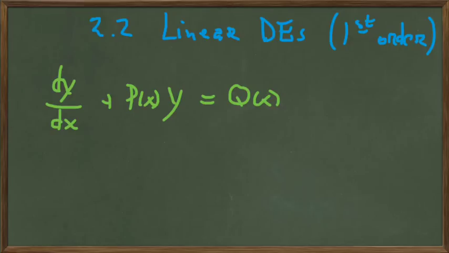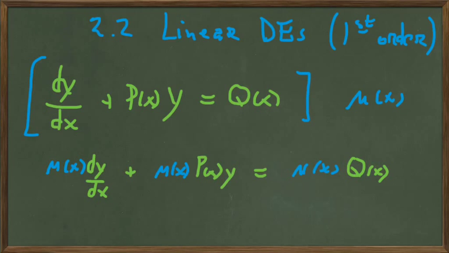Let's multiply first the entire differential equation through by mu of x. When we do that, here's what we get.